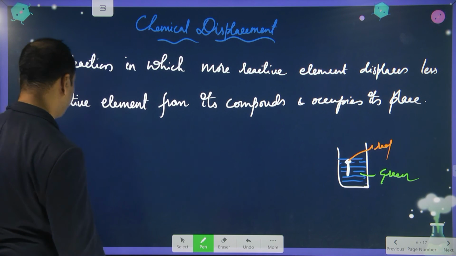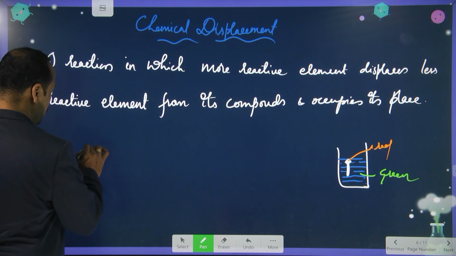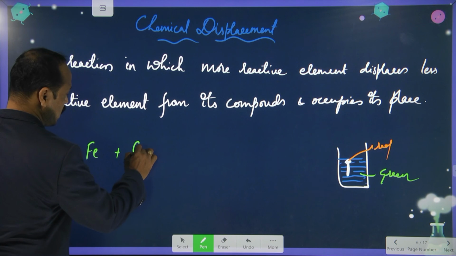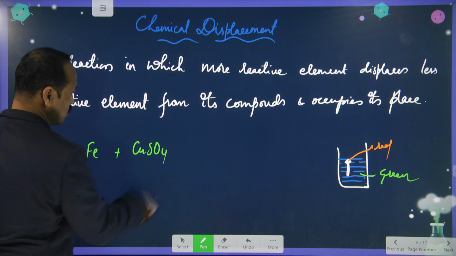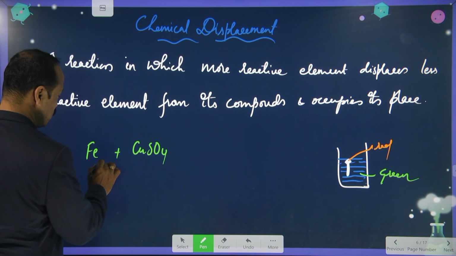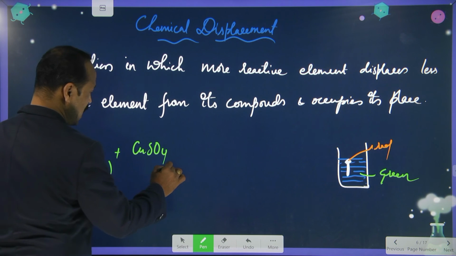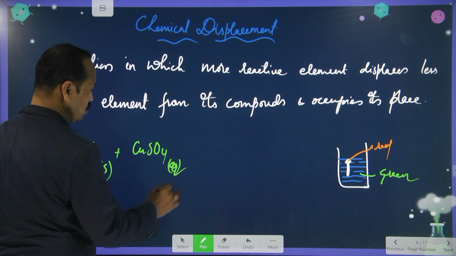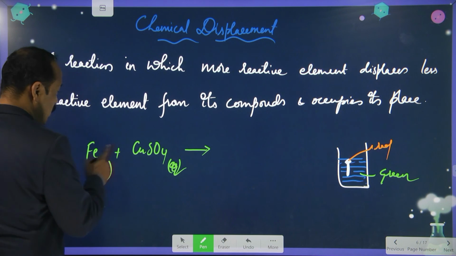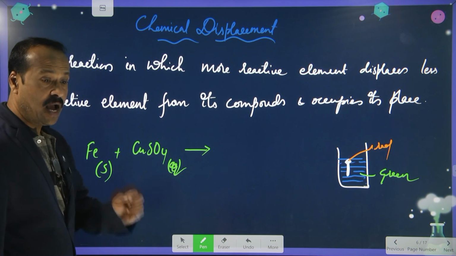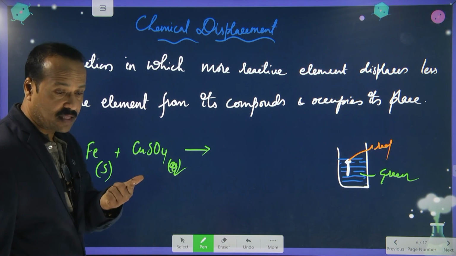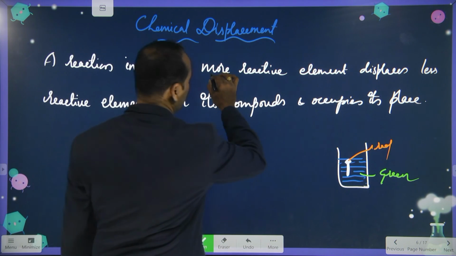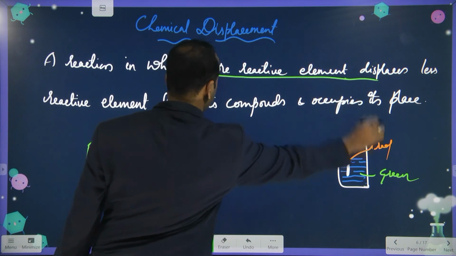Why does this happen? Here we are taking iron, that is Fe, and dipping it in copper sulfate solution, formula CuSO4. This is solid and this is an aqueous solution. Iron is more reactive than copper, and a more reactive element displaces.